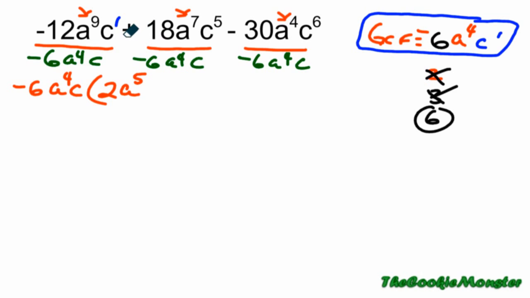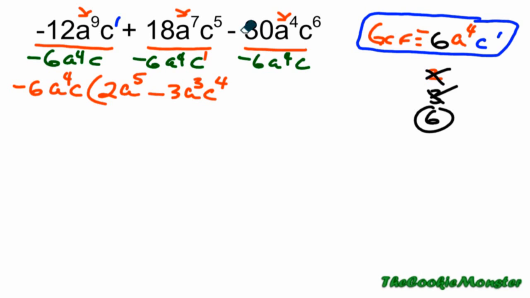You take that 18 as a positive, 6 as a negative, and if you divide them out, you get a negative 3, because a positive divided by a negative is a negative. 7 minus 4 gives you a to the 3rd power. And 5 minus 1 gives you c to the 4th power.